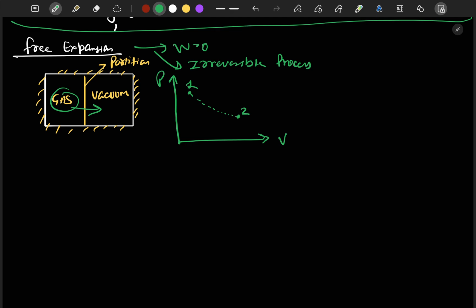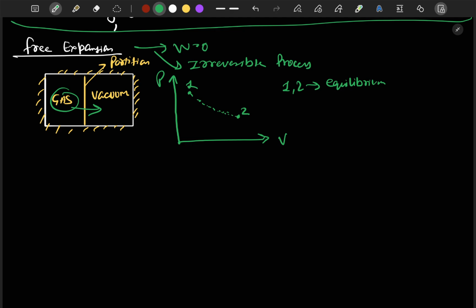Although the initial and final states, state 1 and state 2, are in equilibrium, what about the states in the middle of 1 and 2? They are not in equilibrium. So this is not a quasi-static process. Therefore PdV work cannot be used here.